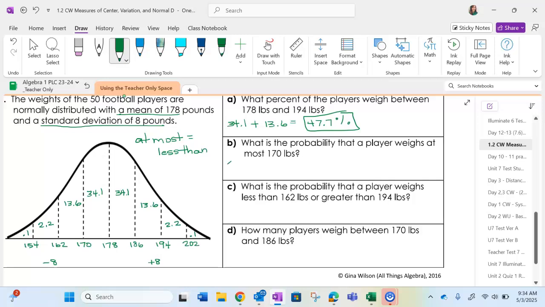All right, so less than looks like that. So we're saying less than 170. All right, so here's 170. So I want to take all the percents that are below or less than 170. So I have 13.6 plus 2.2 plus 0.1. And I'm going to add all those up and I get 15.9%.